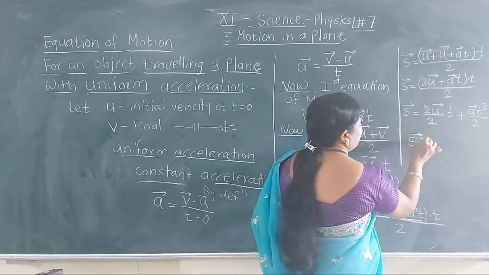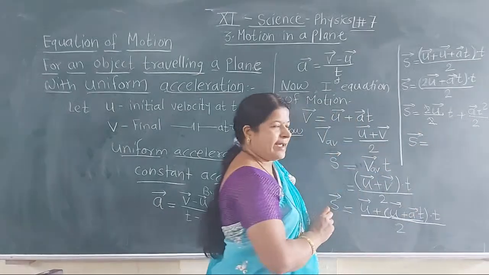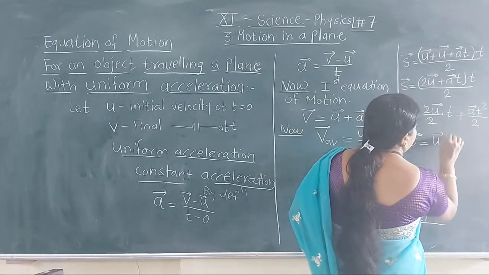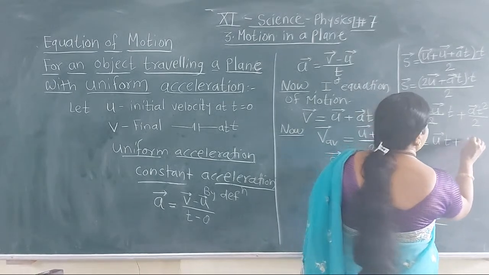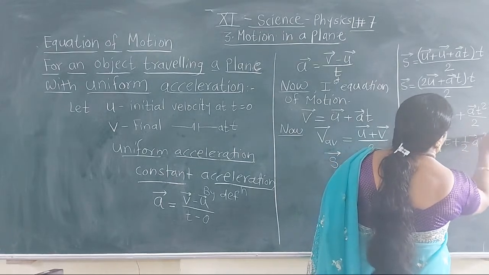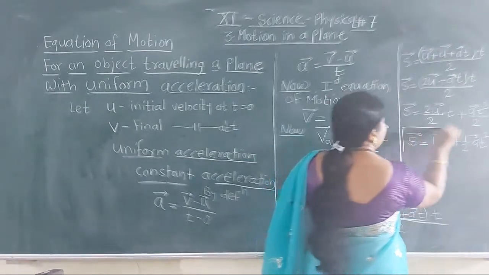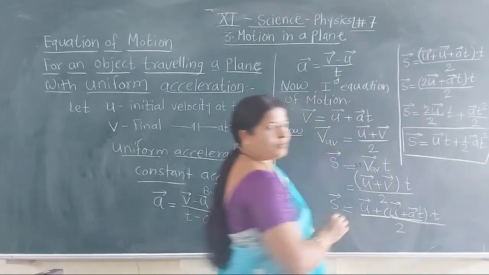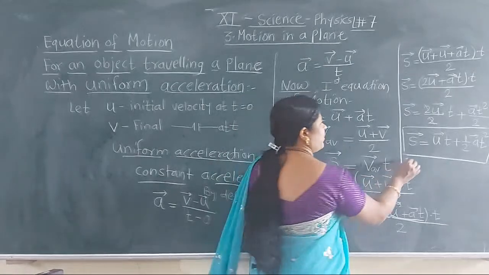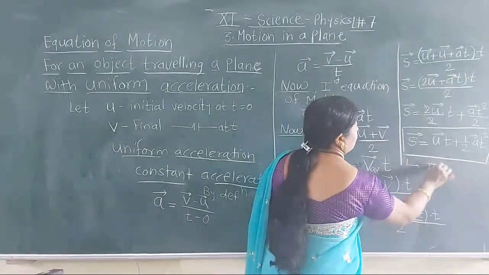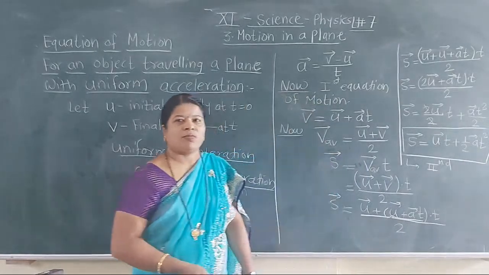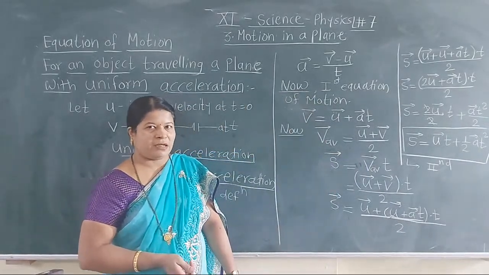Therefore we get the equation vector s is equal to vector u into t plus 1/2 a t square. And we know that this is the second equation of motion. This is the second equation of motion in a vector form.